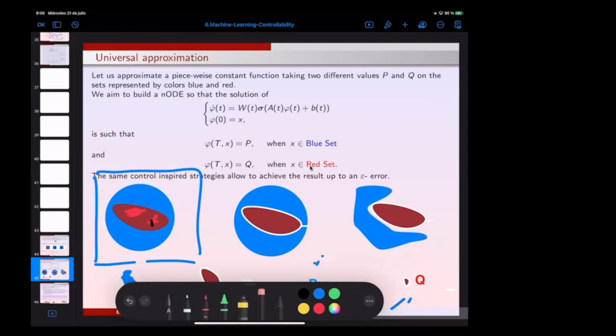So I am making an L1 approximation of the characteristic function of any set. And then if you make the L1 approximation of the characteristic function of any set, because simple functions, which are linear combinations of characteristic sets, are dense, then you are also proving density. So all this allows you to prove the density in L1 out of the neural control and the control of the corresponding neural transport, right?